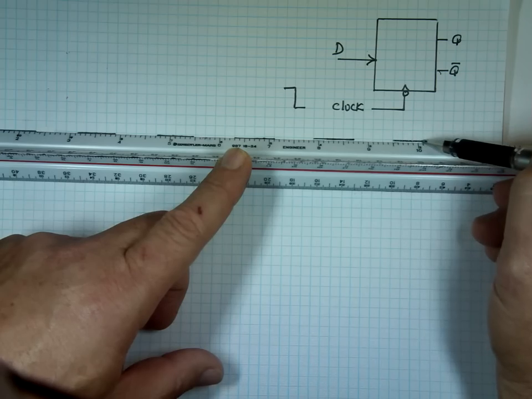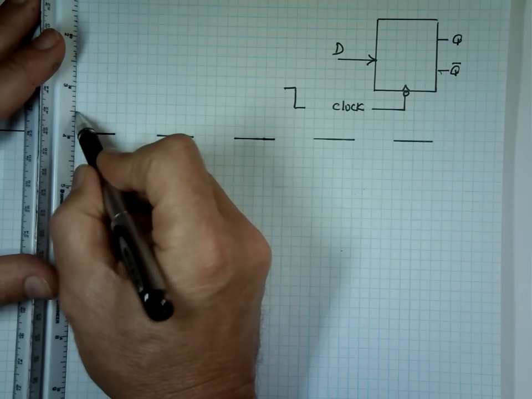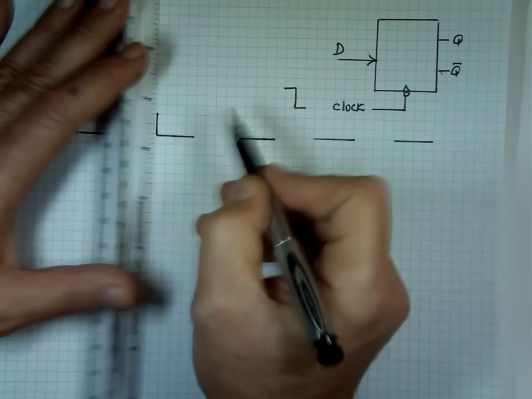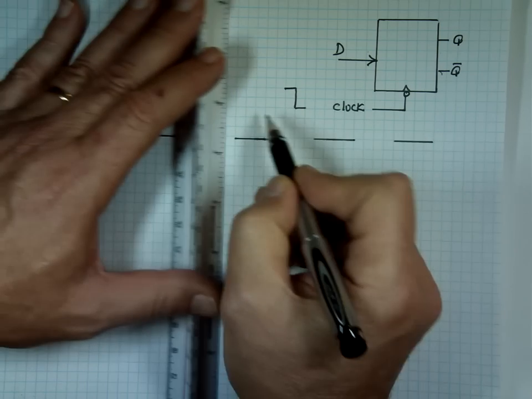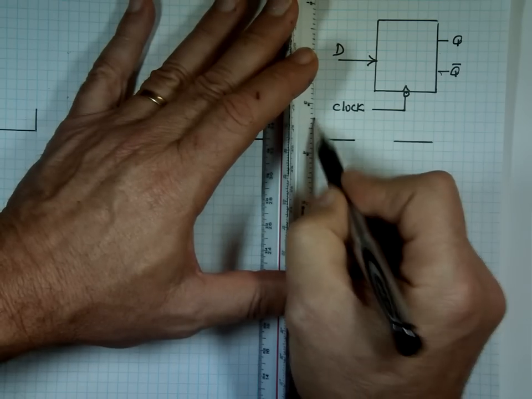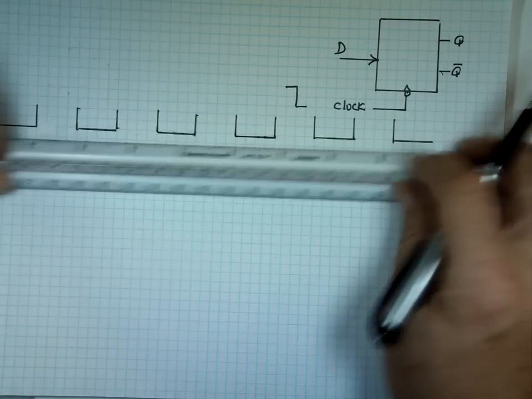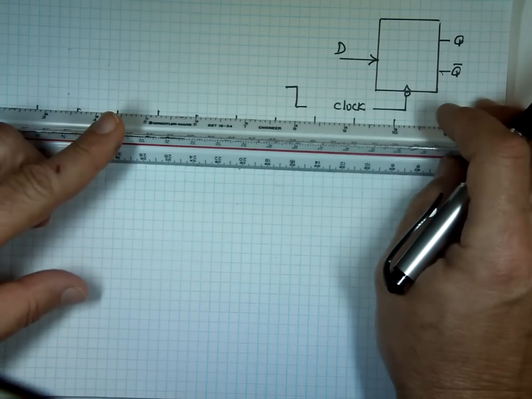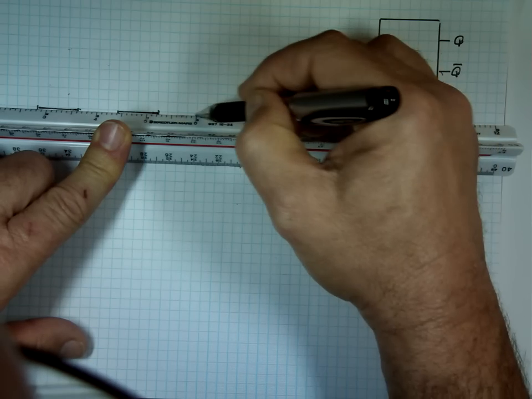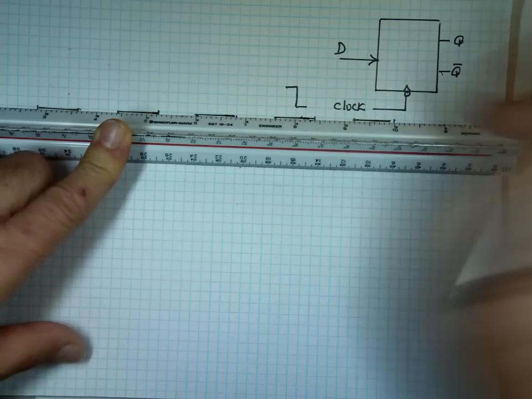Okay, here's my clock. Has zeros, ones. Can you see it? That's the part I don't have to draw. I made copies of this, but I don't know where I put them. Can you see the clock now? That's your clock.